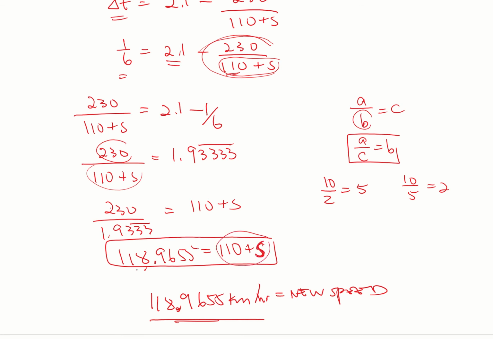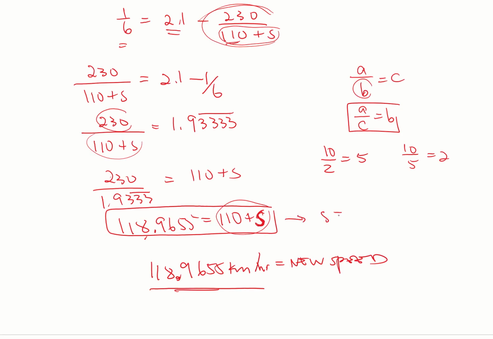So your new speed is 118.9655 kilometers per hour. And if you're interested in finding out how much more you're going to travel above the speed limit, S will be equal to 8.9655 kilometers per hour faster than the speed limit.